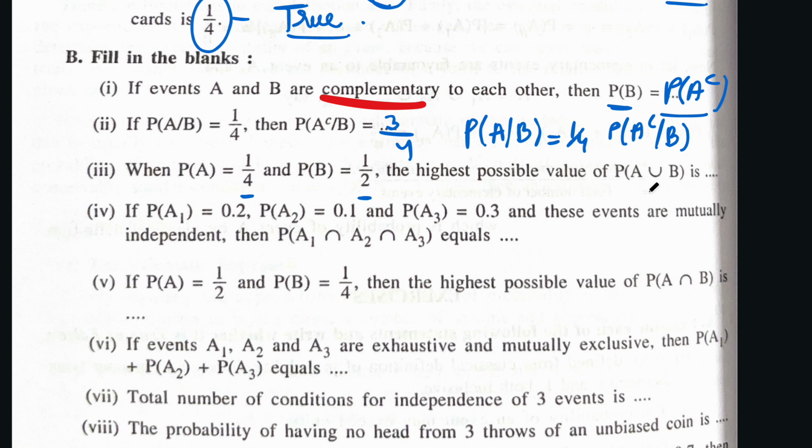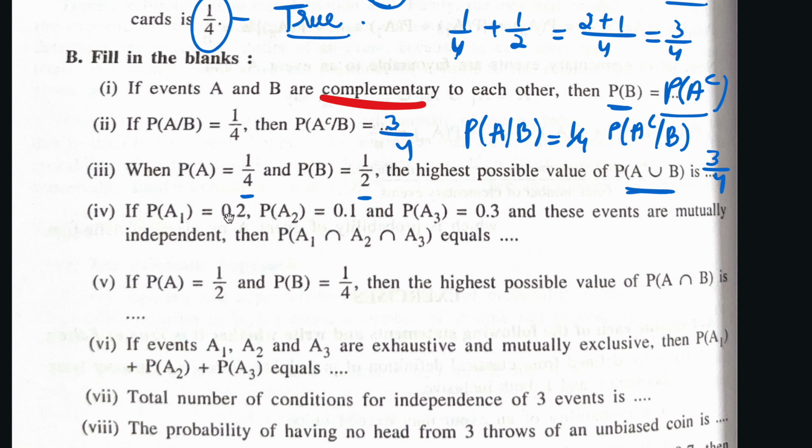Probability of B is 1 by 2. This would be the highest possible value, given that there is no intersection between them, I'll add them. This is my highest possible value because I'm not subtracting anything right now. So this will become 1 by 4 plus 2 by 4, 3 by 4. This would be my highest value, assuming that there is no intersection.